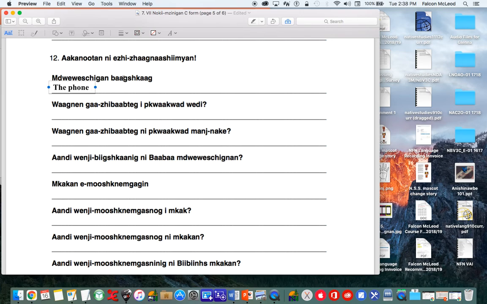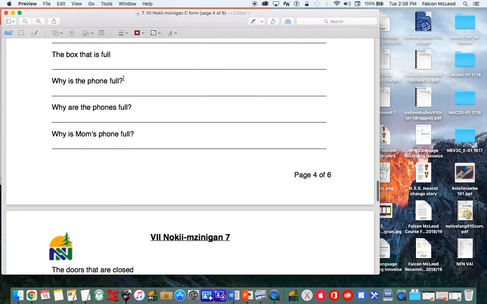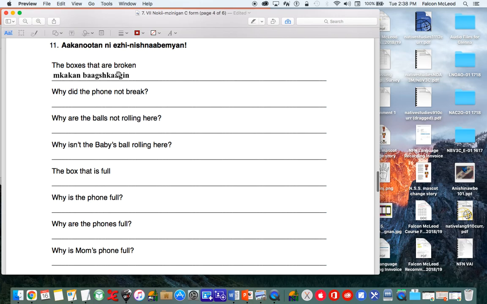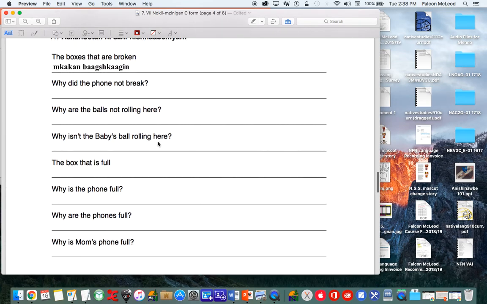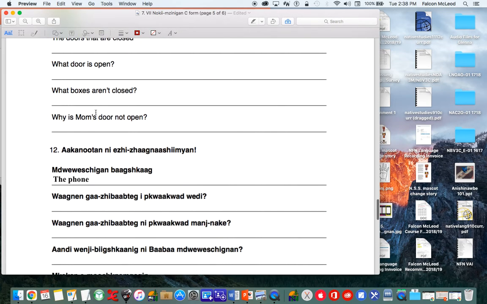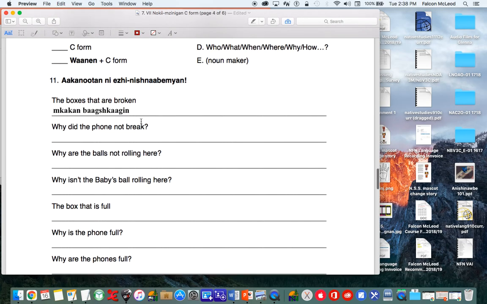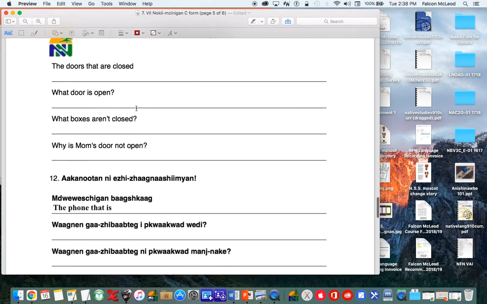So I remember from our last activity here, we went from bigskog to bogskogen. Since we only have two words here, and there's only two words in this Ojibwe, this must be turning a verb into a noun. So the phone that is, and then if bogskogen was the plural, bogskog doesn't have that in, so that must be singular. So the phone that is what? Broken. Okay.